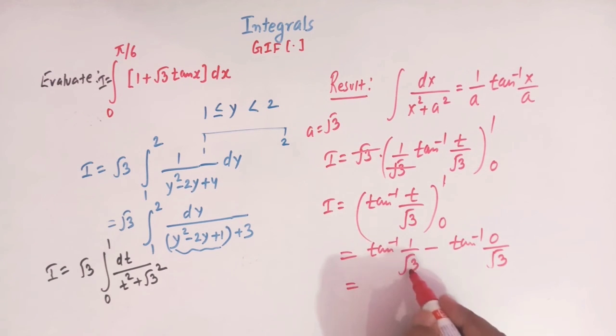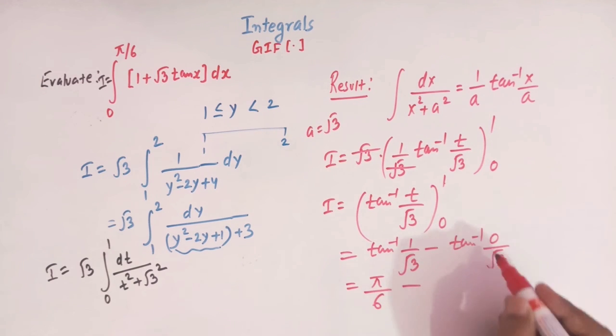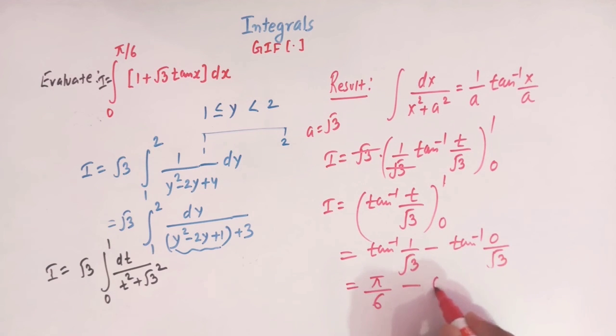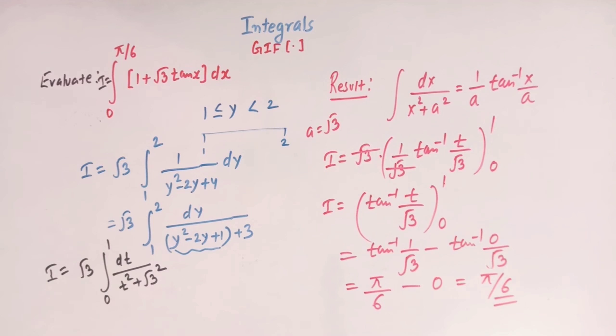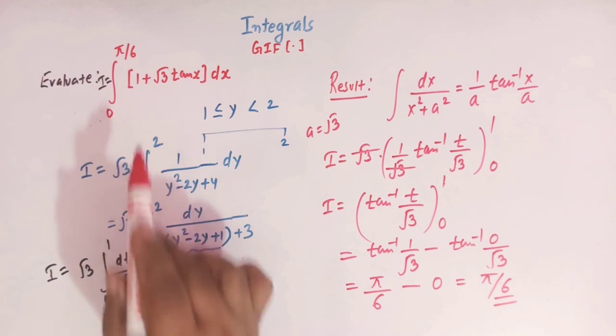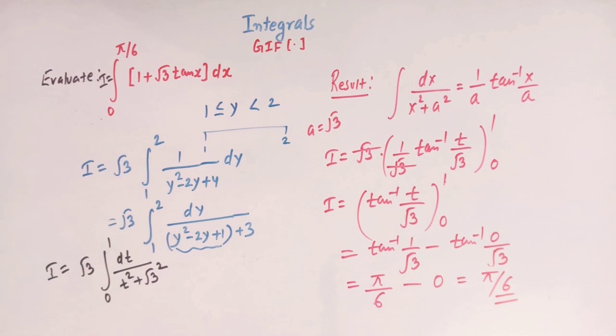So tan inverse 1 over root 3 is simply pi over 6, and tan inverse 0 is equal to 0, so we have pi over 6, right? So the value of this integral is equal to pi over 6. So this is how we can solve this type of integrals.